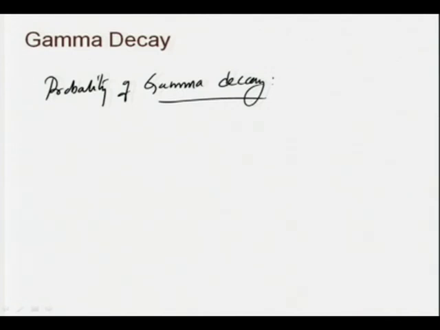In this particular case of gamma decay, we will just mention some properties without really going into any calculations of the probability. But one can do a full quantum mechanical calculation based on whatever model and electromagnetic model that you have, and then you can compute all these probabilities for various different gamma emissions. Here we will restrict ourselves to simply giving some information about this.